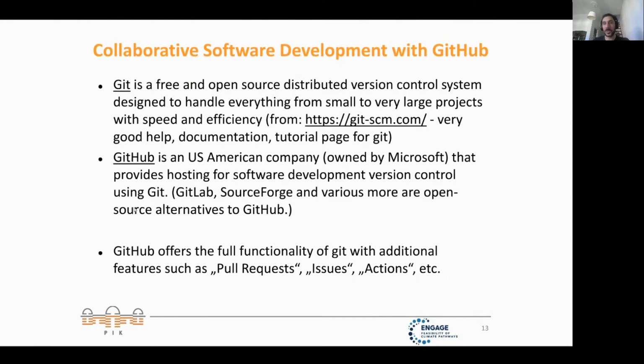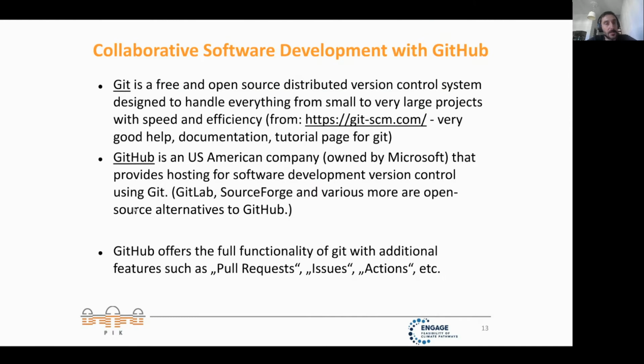But the good thing about it is that there is good documentation and that you can survive and do your work very efficiently and nicely also with the basic commands without going into the very advanced parts. Now, as opposed to that, GitHub is a portal, a company that provides a place to host software development or project development, version control by using Git.